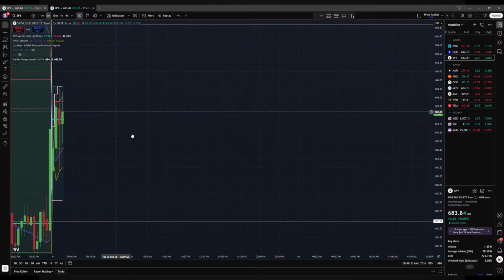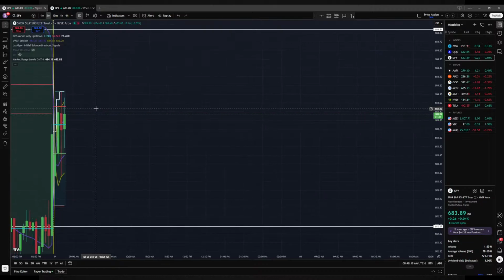I think that was the only setup I got that day. That's what I love about this system, is that in chop days, in trend days, it still gives setups.